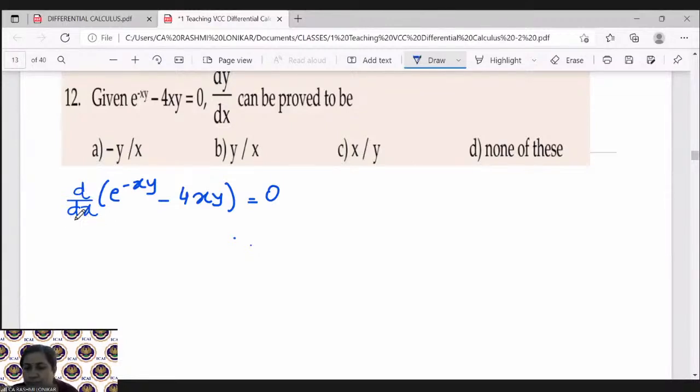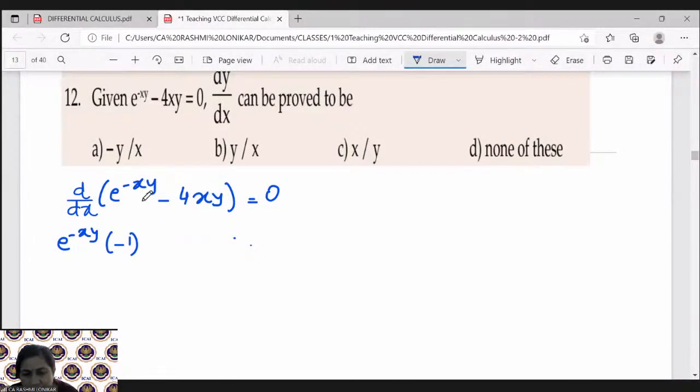Now I have to find this derivative. So what I do is d by dx of e raised to minus xy. So I know that d by dx of e raised to x is e raised to x. So this will be e raised to minus xy into minus 1.